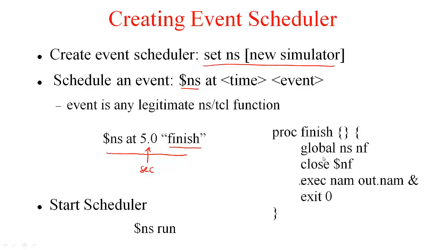This procedure is a finish procedure that is going to close all the opened files and execute the network animator. This is the visualization tool I was talking about. And then after you finish whatever, you start the network simulator. From then on, it starts executing whatever is listed as part of your Tcl script.